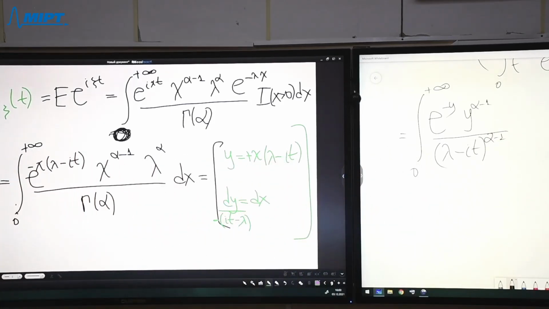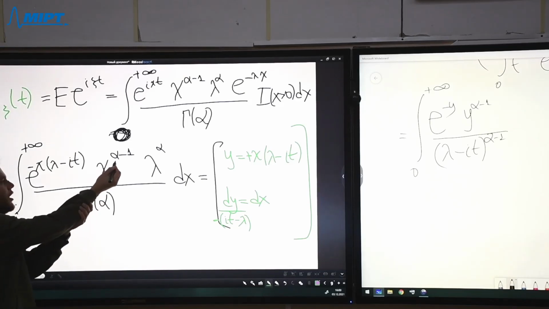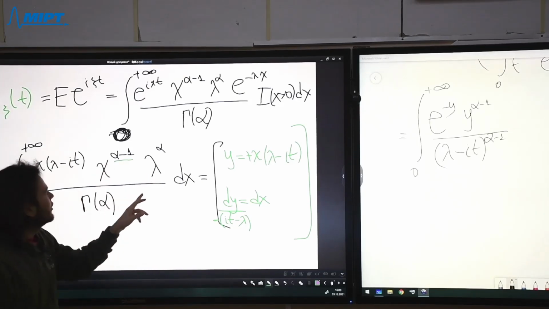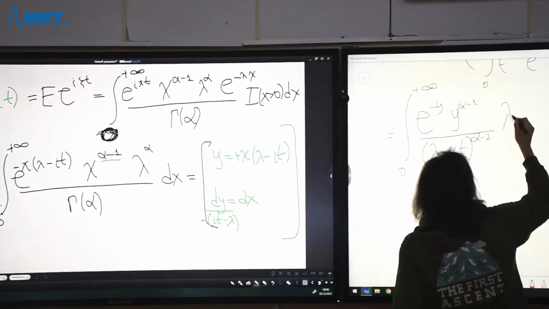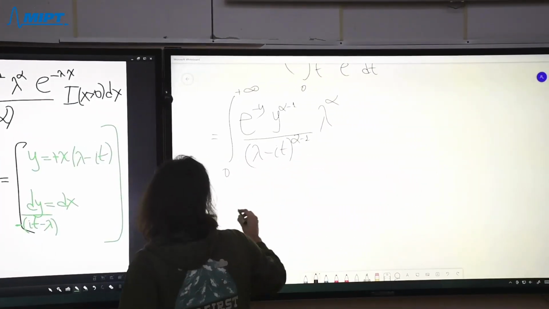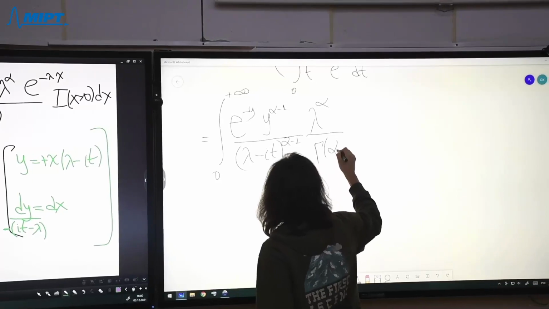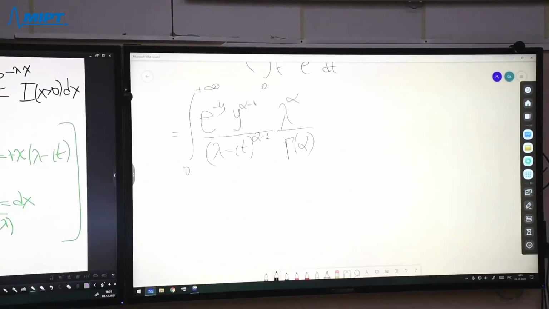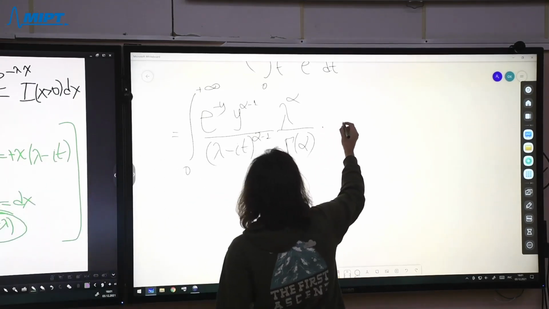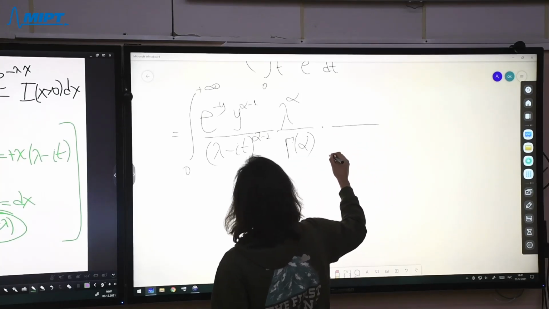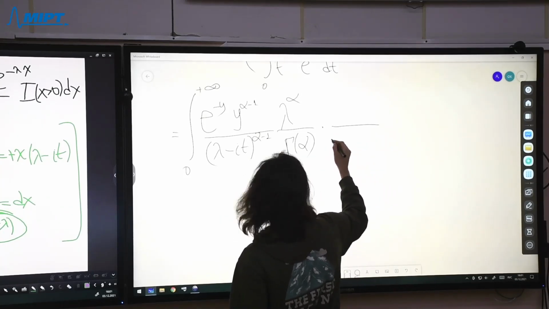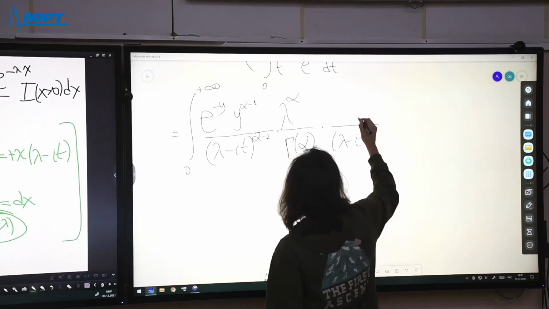This is just x to the alpha minus 1. Then lambda to the alpha, and all of this over the gamma function. And I forgot about this, so I have to multiply by 1 over (lambda minus it) dy.